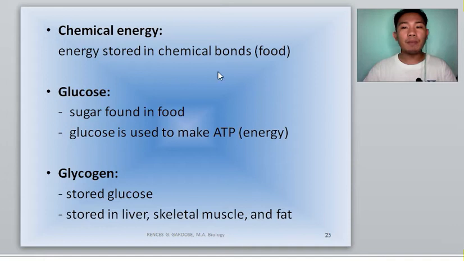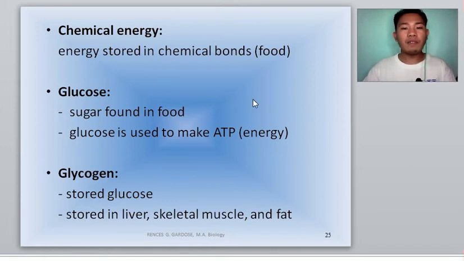That is why when we are hungry, we don't have energy. But when we eat food and we break the food into simpler substances that can be absorbed by our cells, then therefore we have energy to do work.